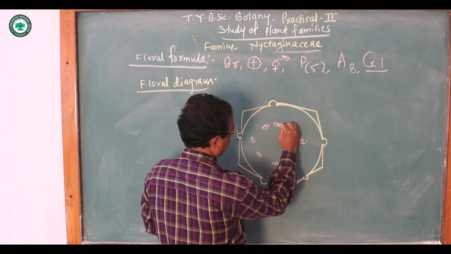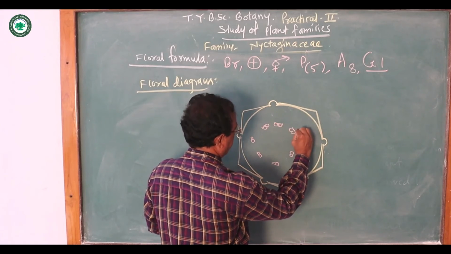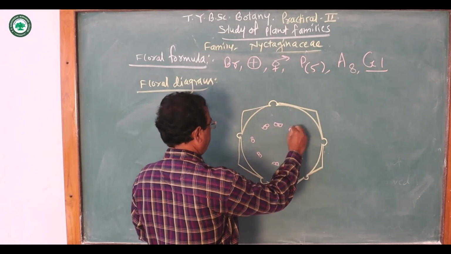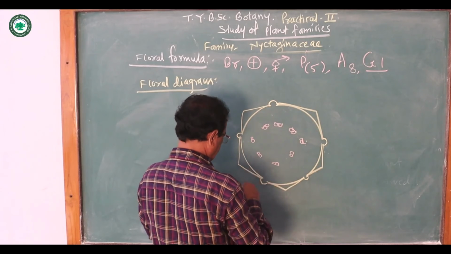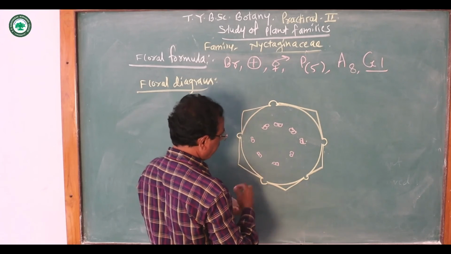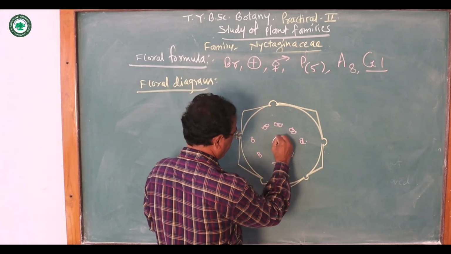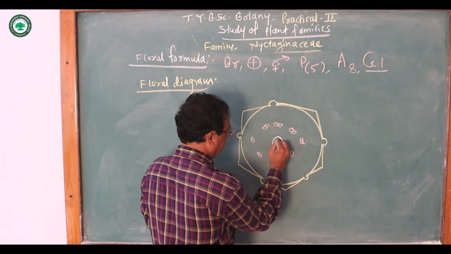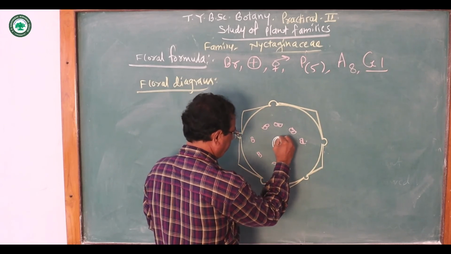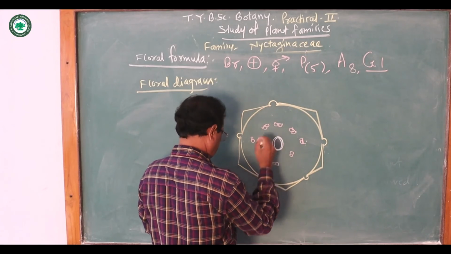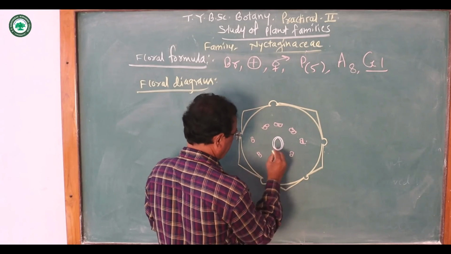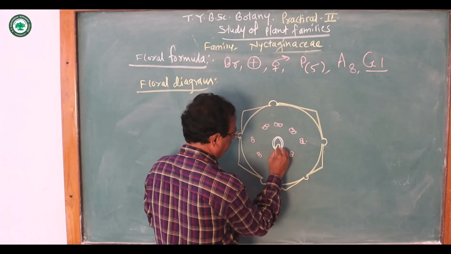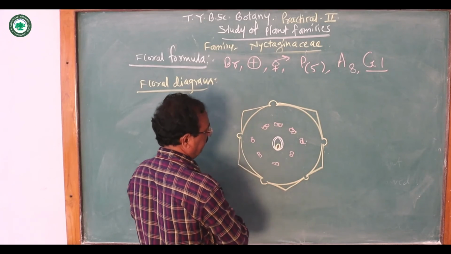So these are the 8 stamens. And if we see the gynoecium, in the center there is the gynoecium, and it shows a single locule and basal placentation. So this is the gynoecium.